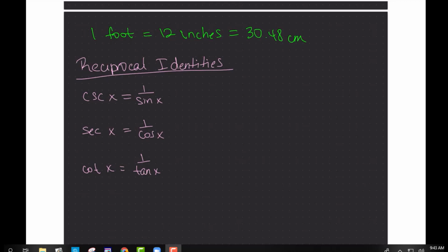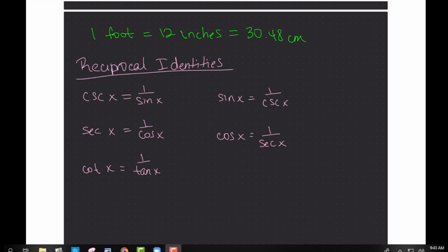And then since we're looking at reciprocals, we can even list these going the opposite way. If I wanted to look at sine, I could write sine as 1 over cosecant of x. And I could write cosine of x as 1 over secant of x.